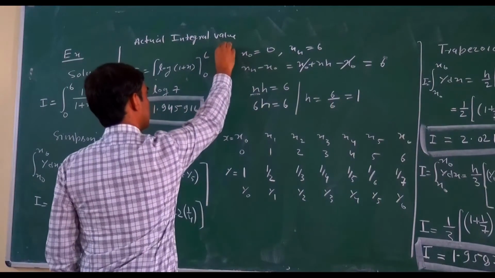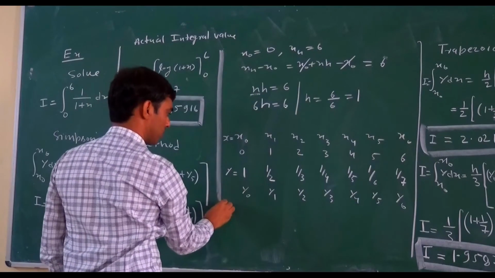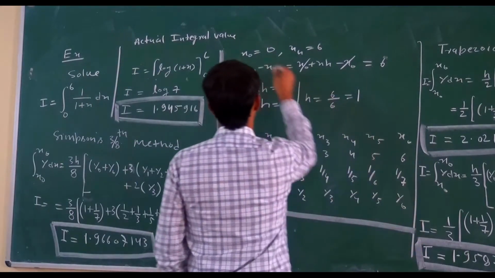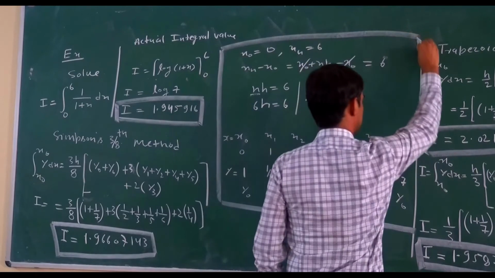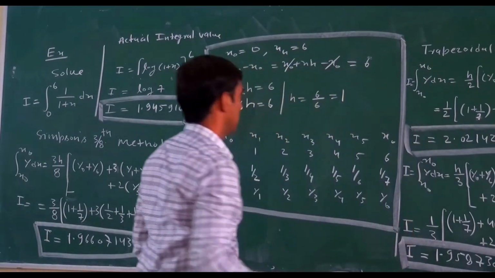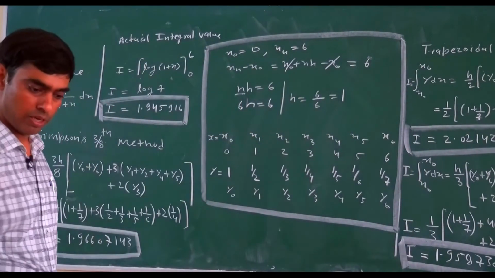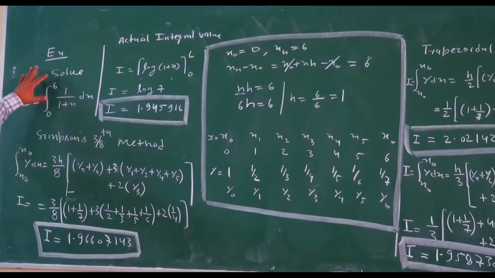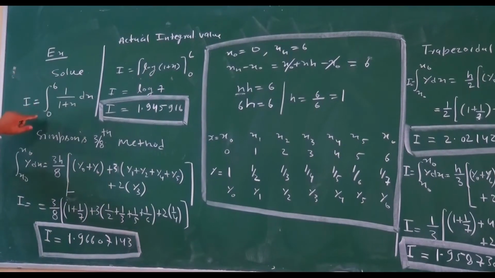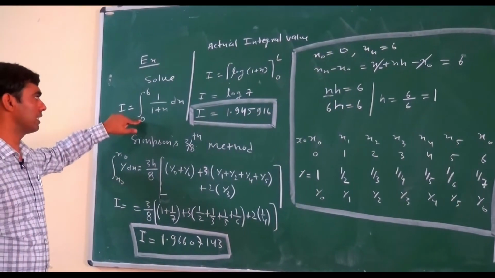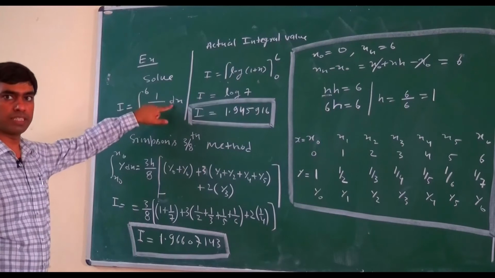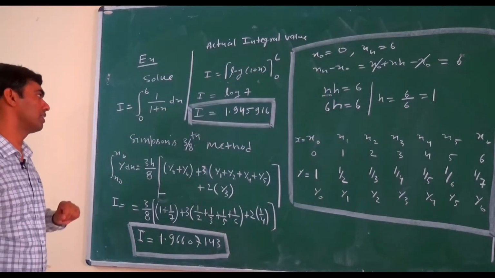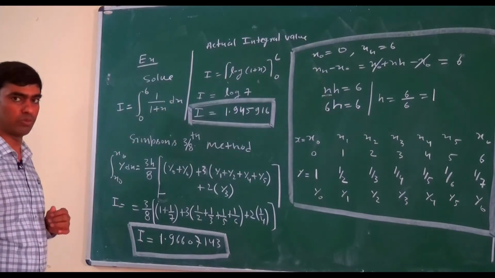This is the first part of the numerical integration. Now let us summarize how we solve the numerical problem. There is a need to solve the integration from 0 to 6 of 1/(1 plus x) dx by the trapezoidal rule, Simpson 1/3 rule, and Simpson 3/8 rule.